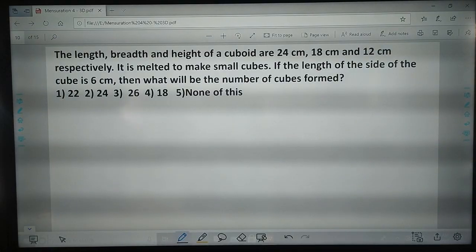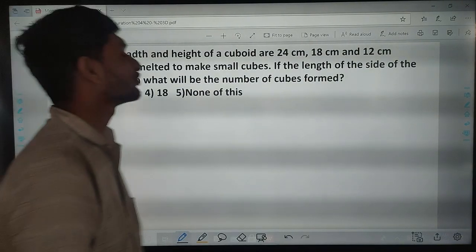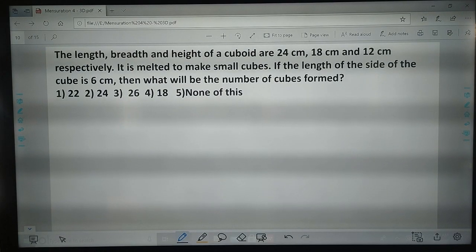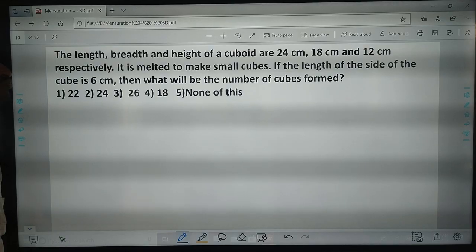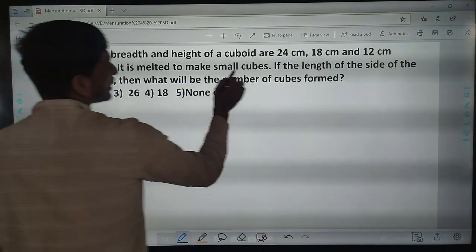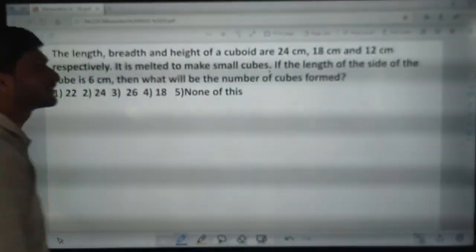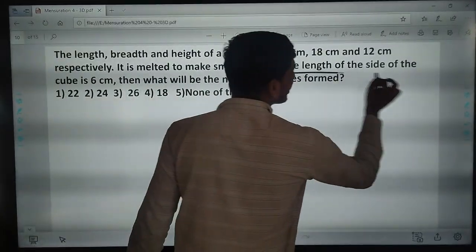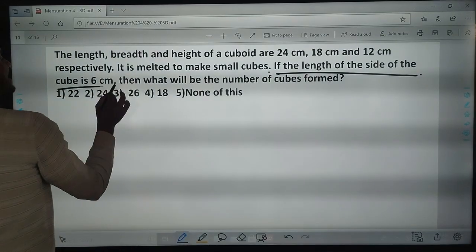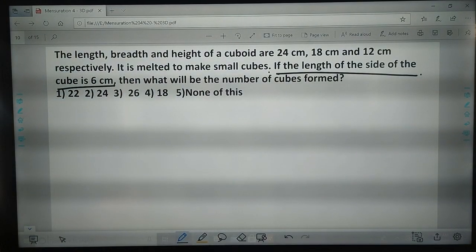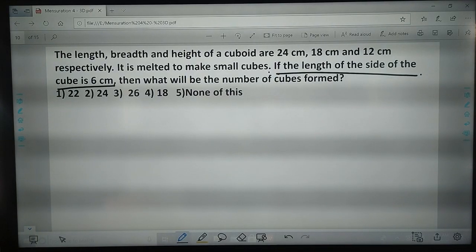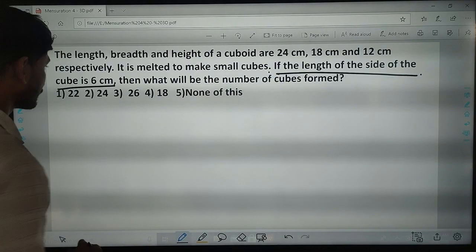The length, breadth and height of the cuboid are 24 cm, 18 cm and 12 cm respectively. If it is melted to make small cubes, and the length of the side of the cube is 6 cm, then what will be the number of cubes formed?